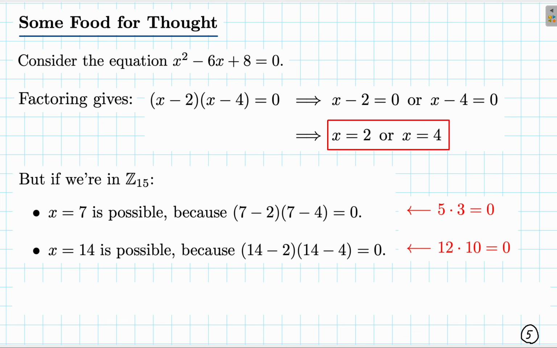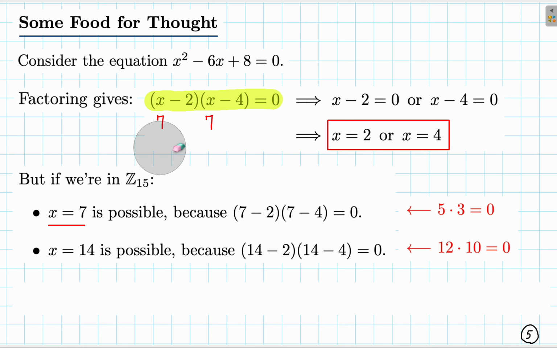Then if we look at this equation in Z15, x equal to 7 would make this true, because then we get 7 minus 2, which is 5, times 7 minus 4, which is 3. 5 times 3 in Z15 is 0. So x equals 7 would be a valid solution in Z15.